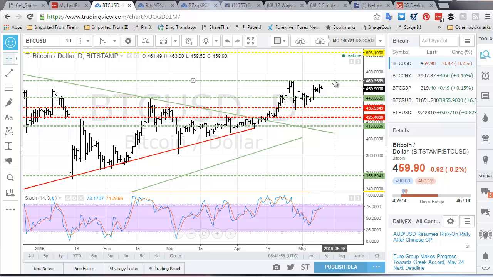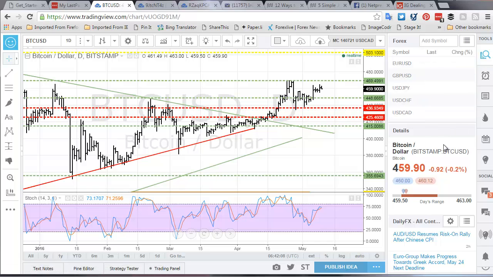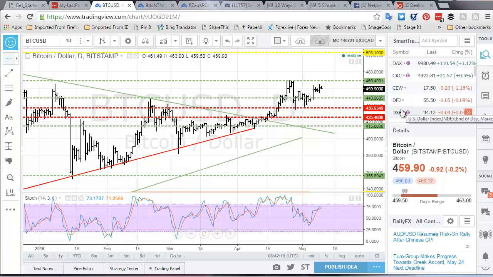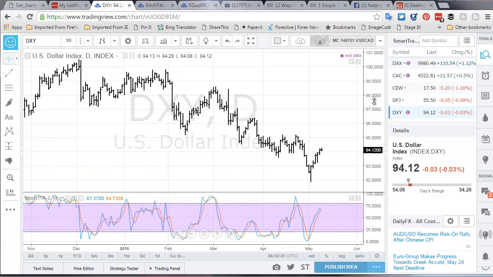Now, what else is going on in currency markets, and it is also of some relevance, I'm going to look at one chart. I'm going to look at the dollar index. So this is the index of the US dollar, a basket of currencies against the US dollar.